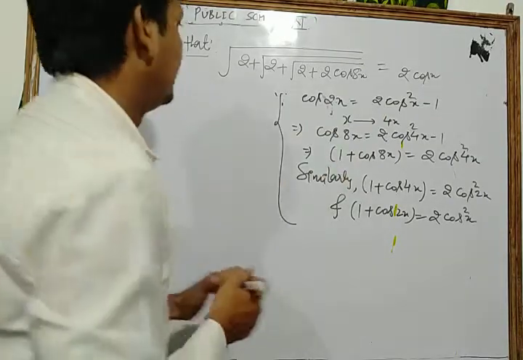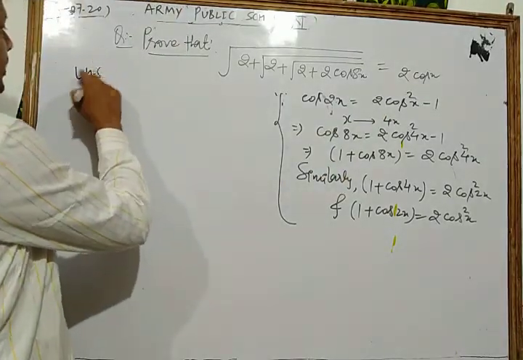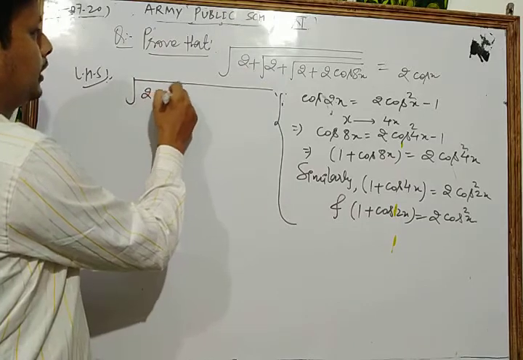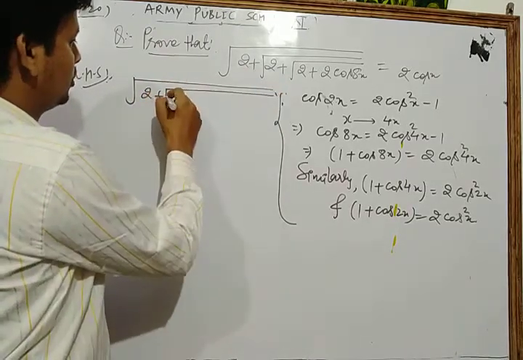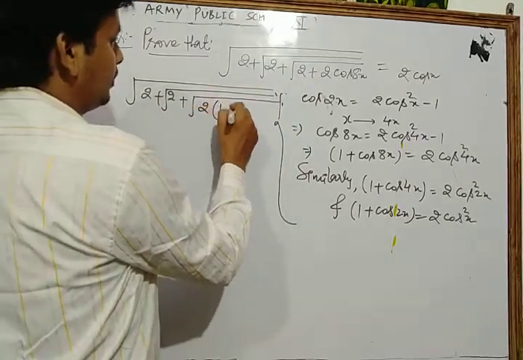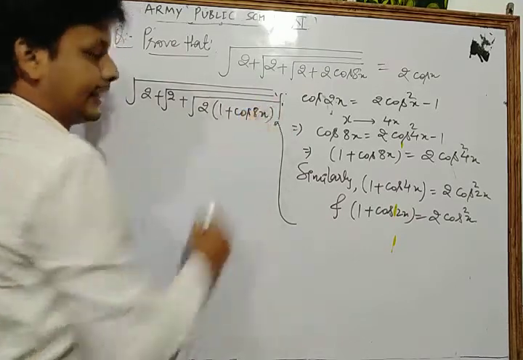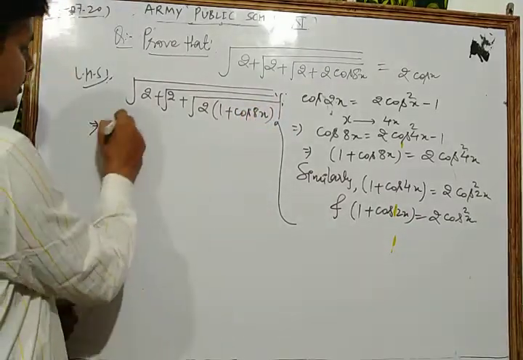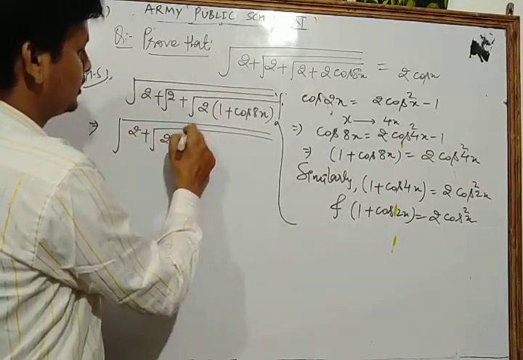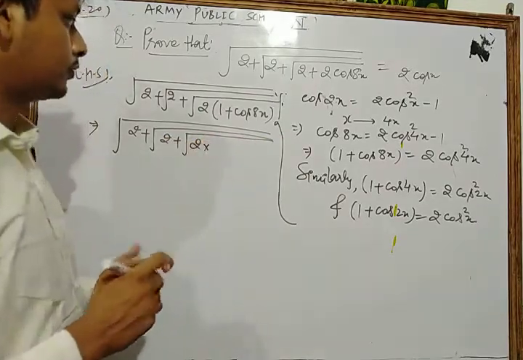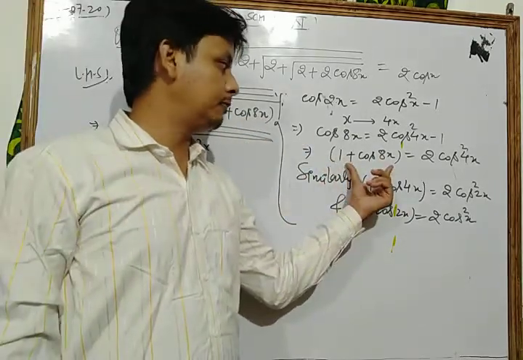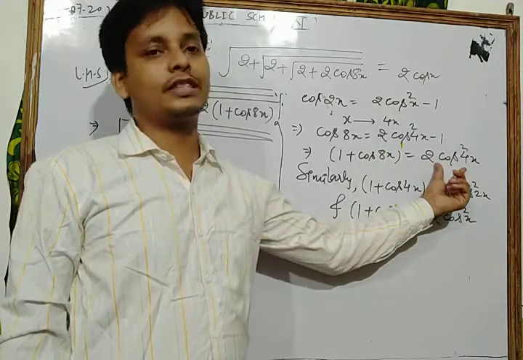Let's take the left hand side. Inside the innermost square root, we take 2 as common, that is 2 into 1 plus cos 8x. We know that 1 plus cos 8x is 2 cos square 4x.